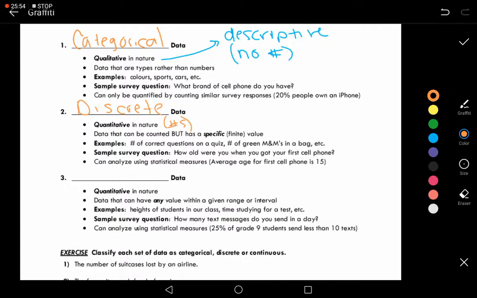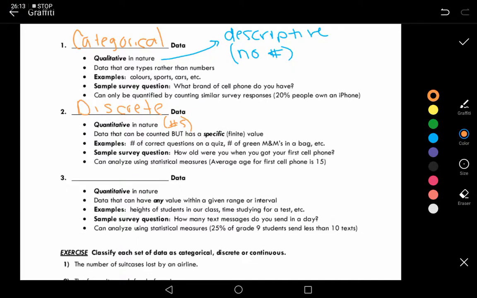We can analyze using statistical measures. So for example, the average age for the first cell phone is 15. And I bet that's a lot lower these days, but just as an example. We'll get more into the statistical measures throughout this unit.